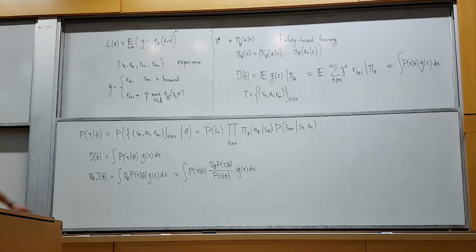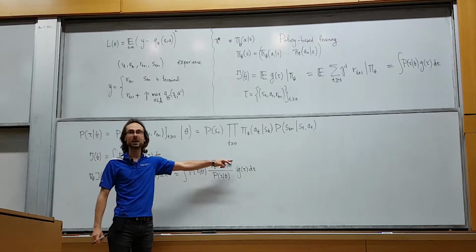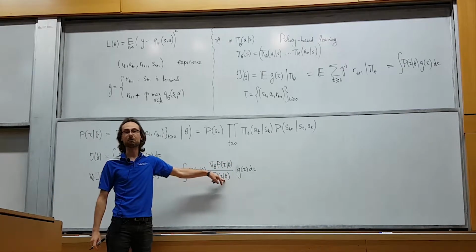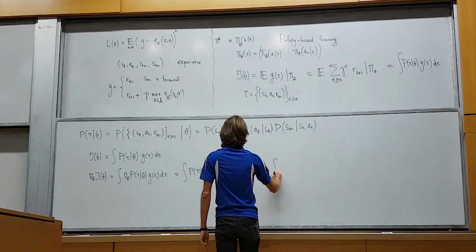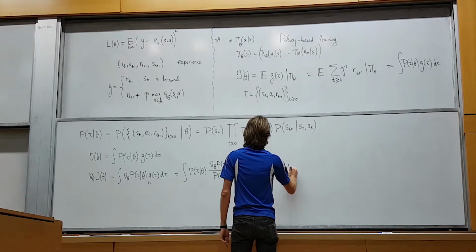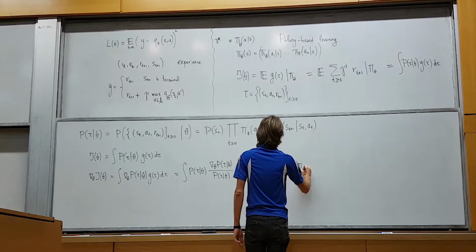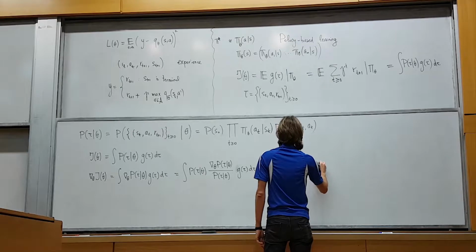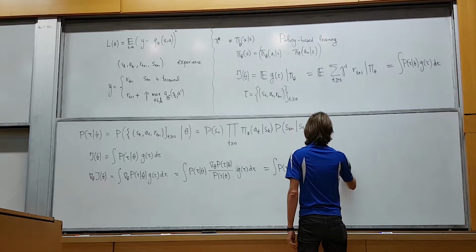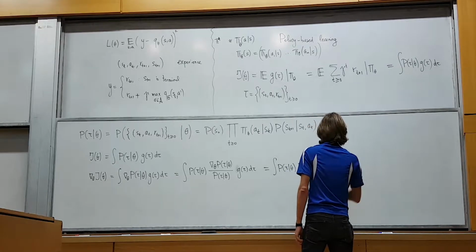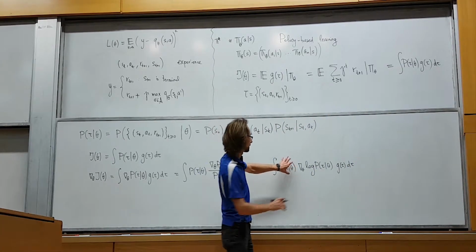Okay? Now when you see something that looks like derivative of f over f, what can you see? The derivative of the log, right? So let's write it explicitly. We have the integral of P given theta, gradient of the log of P given theta, times G tau d tau. Okay?